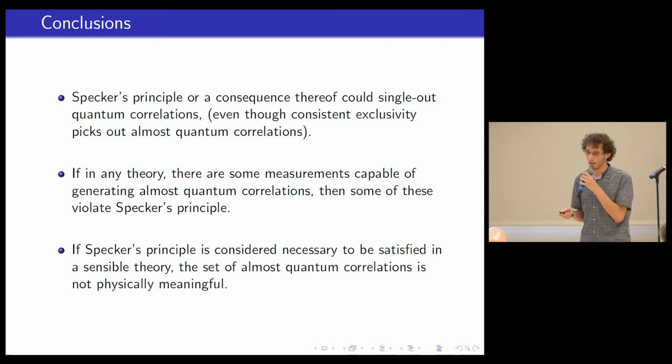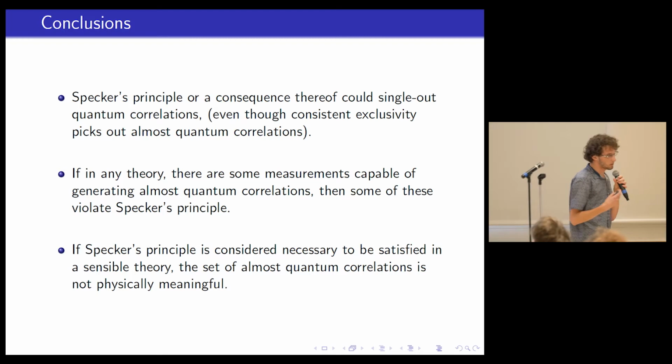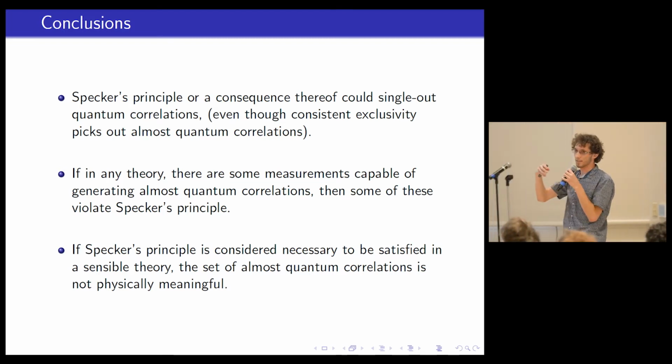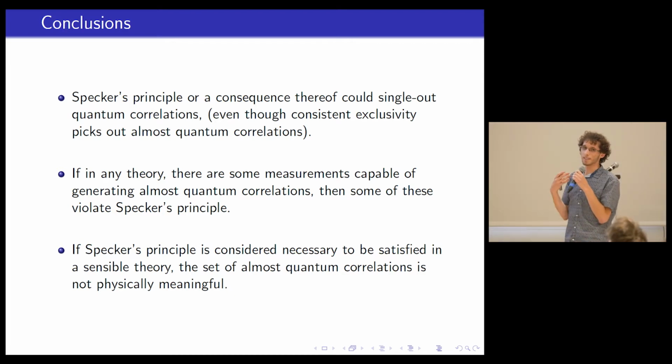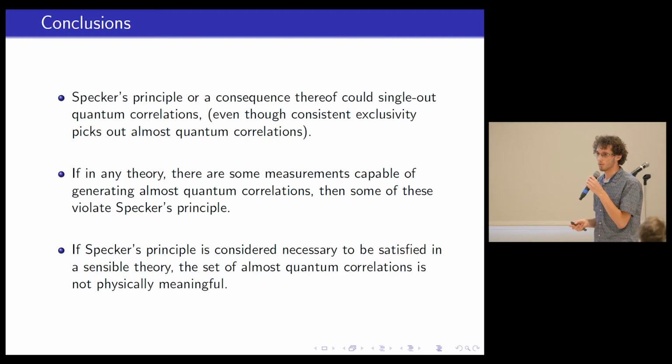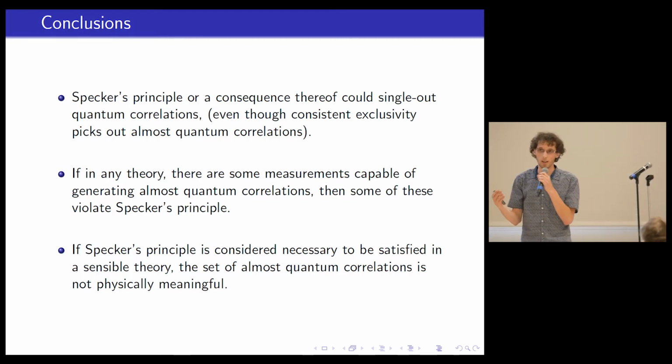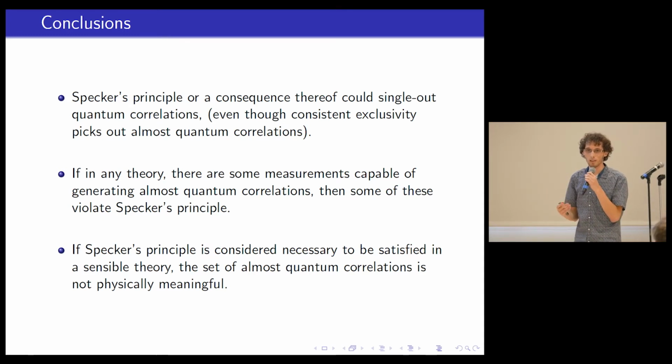And finally, if you think that Specker's principle, as it's stated, should be considered a necessary condition for some sensible theory to satisfy, then it follows that the almost quantum correlations are not really physically meaningful.